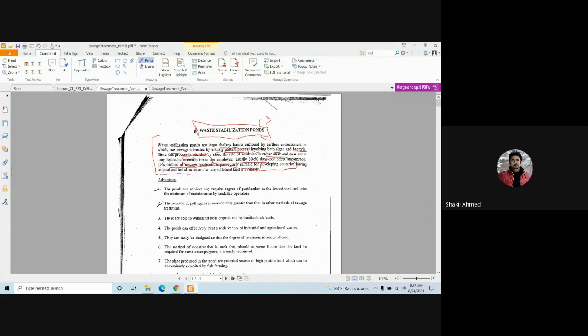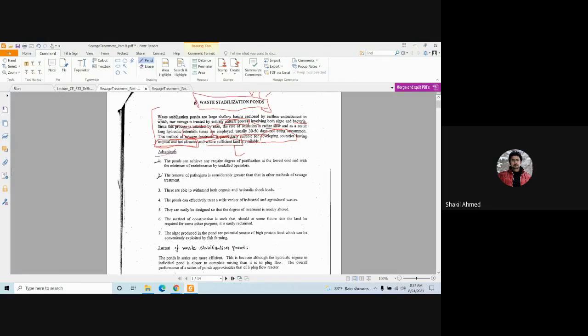Climate is important because bacteria like to exist in relatively warmer temperature. That's why a hot or tropical climate is preferable, and where sufficient land is available, as I told you, you need large space for a waste stabilization pond.